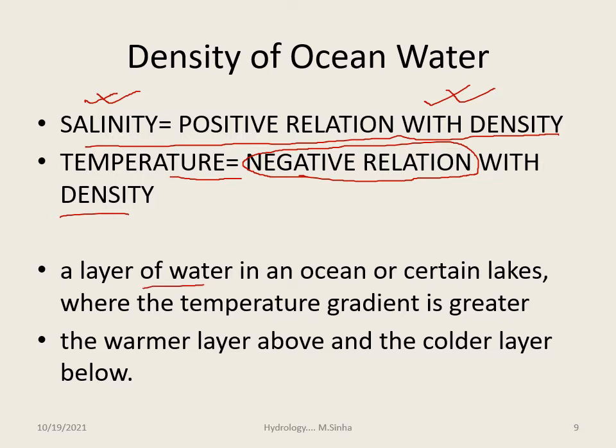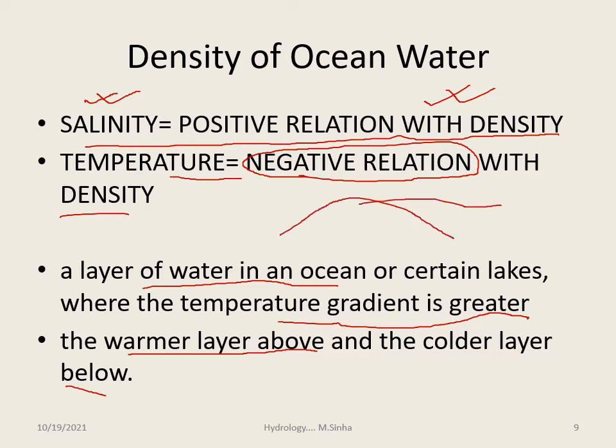In a layer of water in an ocean or a certain lake where the temperature gradient is greater, the warmer layer will be above, the topmost layer, and the colder layer will be the bottommost part. Okay, normally suppose this is the ocean surface.